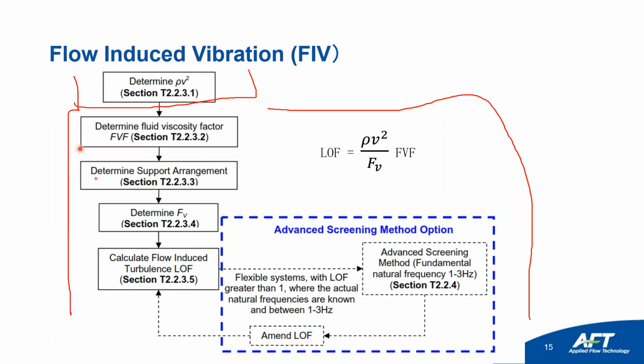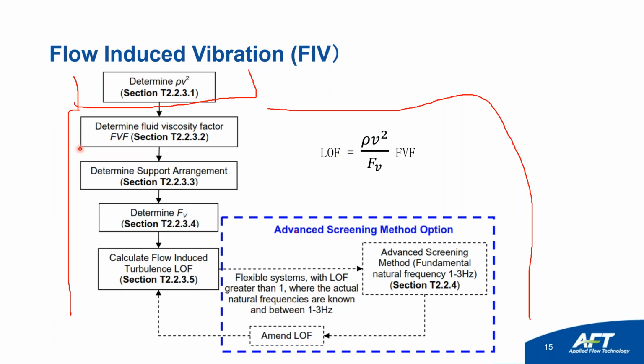And then it determines your support arrangement. There's a qualification of your support arrangement, whether it's flexible, rigid, or medium. And based on that, it calculates the FB. And finally, with that term, we have all the terms to calculate the LOF.